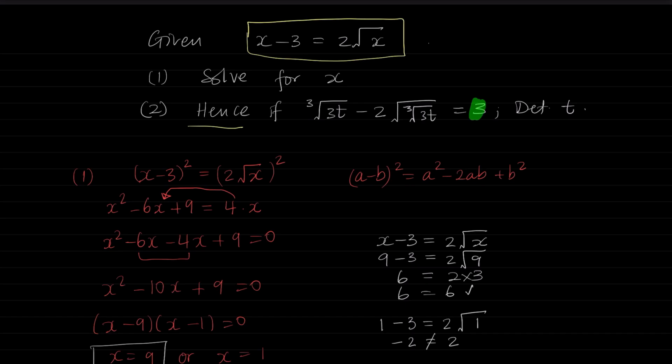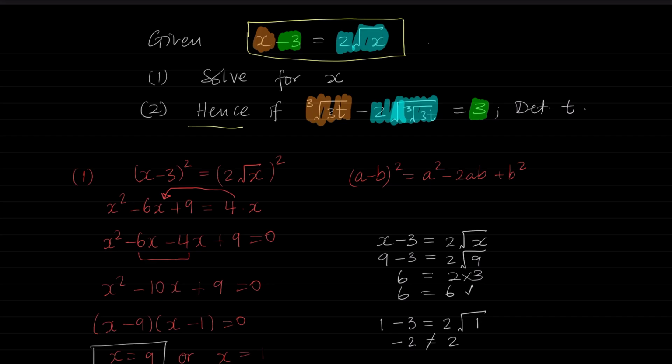For example, there's a 3 here, there's a 3 here, there is a square root here, there is a square root here, well, 2 square root as a matter of fact, and obviously this would be x. So from here I don't actually have to do much.